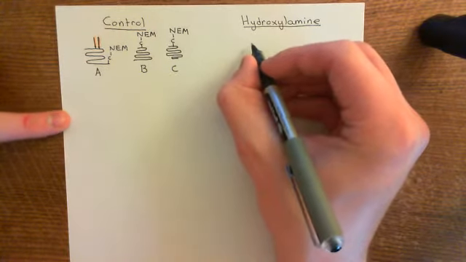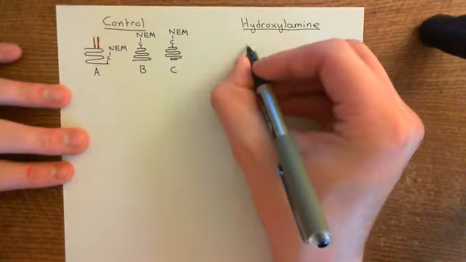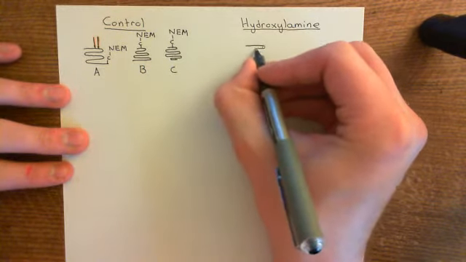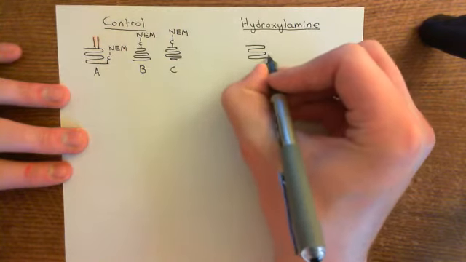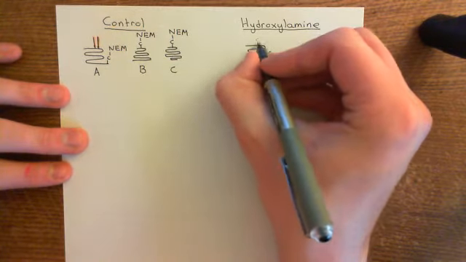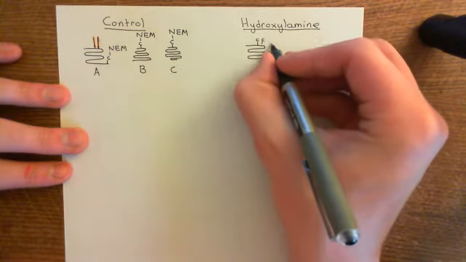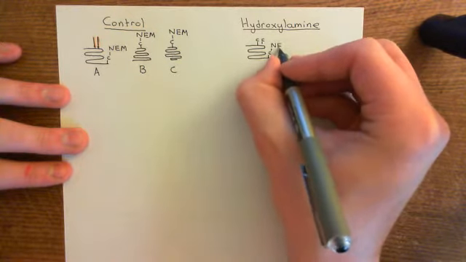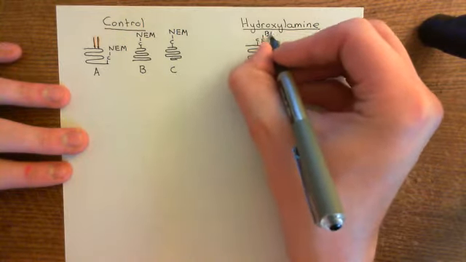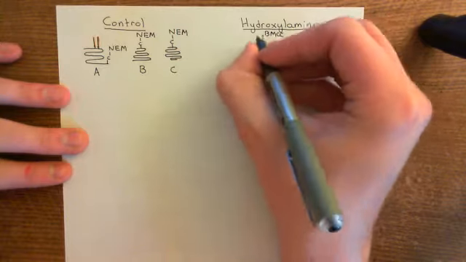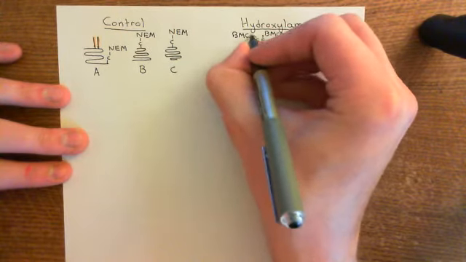Now in the test tube which we did add hydroxylamine to, the palmitoyl groups will be knocked off protein A. This means that we now have two free cysteine residues, which were free at the point when we added the BMCC. Both of these will now get BMCC bound to them. So here's a BMCC bound to this one, and here's a BMCC bound to this one.